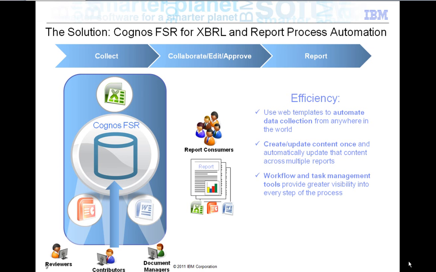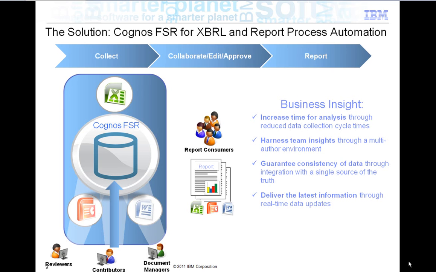You'll also be able to create and update content once and automatically update that content across multiple reports in multiple formats all simultaneously. Workflow and task management tools will provide you with greater visibility at every step of the process.